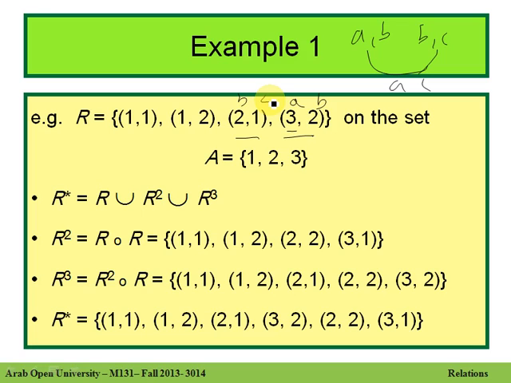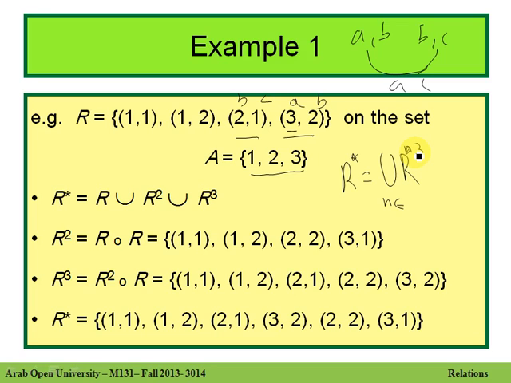Now here, how to add these values? The basic rule is you calculate the R star. R star is nothing but the union of the relations to the power of n, where n is the number of elements. How many elements do you have here? 3 elements. So n is 3. You need to do the union up to R cube.